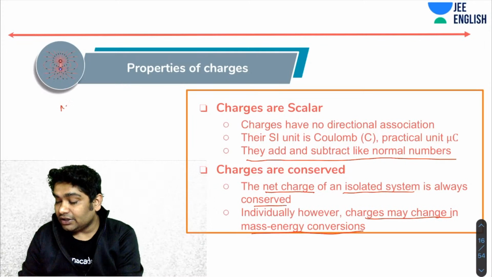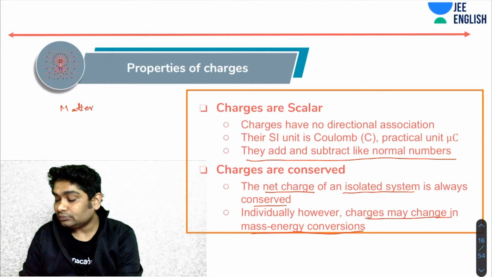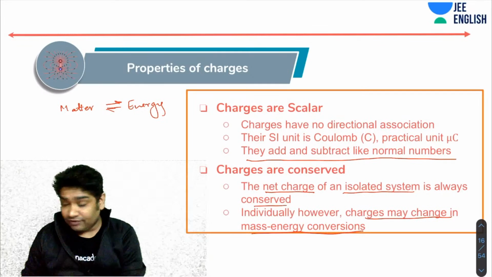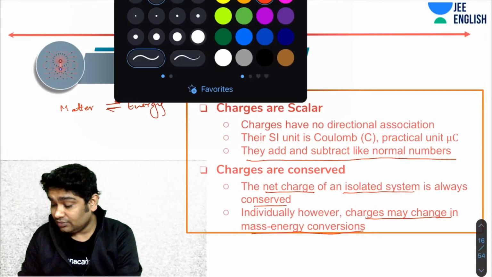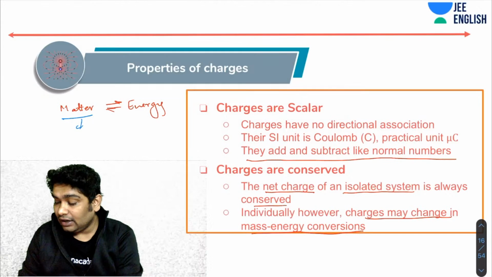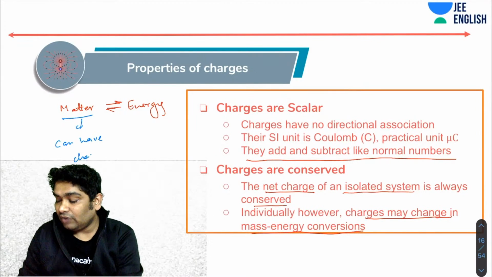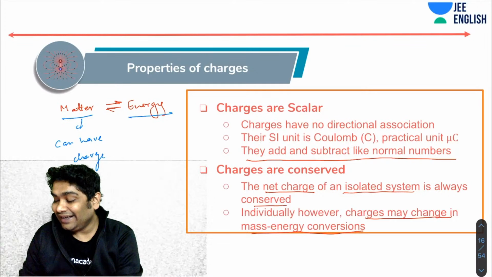Matter and energy are interconvertible. Correct? Now, you will realize one thing: matter can have charge because it has mass. How about energy? Energy can never have charge.